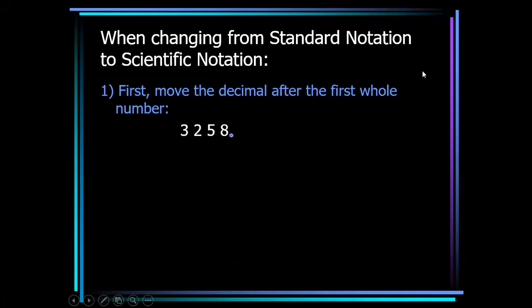When changing from standard form to scientific notation, after the first whole number, this is important. So you go to the left 1, 2, not finished yet. You have to stop here at 3. Okay, go left, right? So 3.258 times 10 to the power of what? 3 or -3?